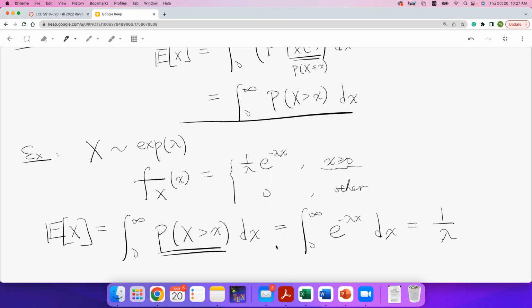Which is the same as what you get by following the original definition of the expectation. And sometimes this one is very useful. Okay.